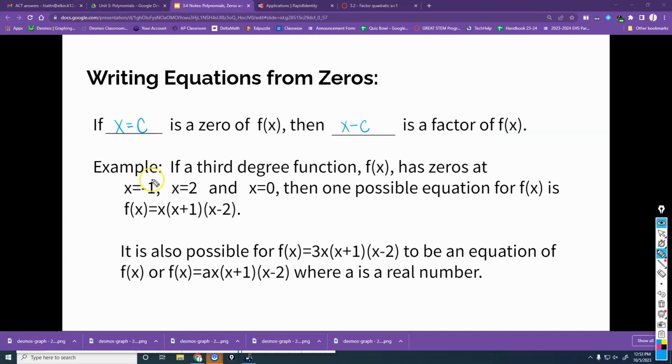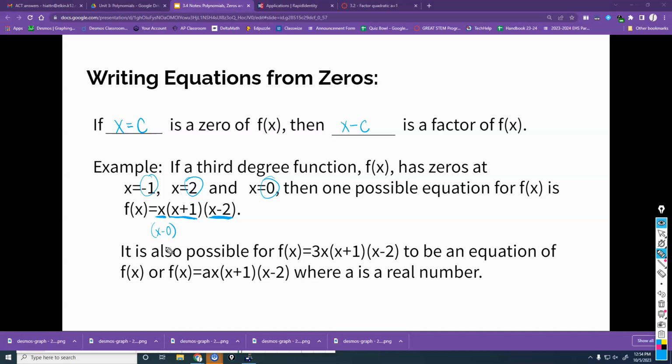So, that negative 1 becomes x plus 1. The positive 2 becomes x minus 2 as a factor, and then the 0 is going to become just the x, because it could be written like this, x minus 0, but x minus 0 does just equal x, right?